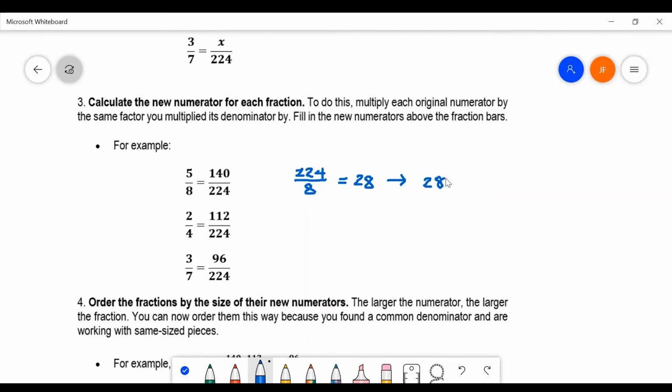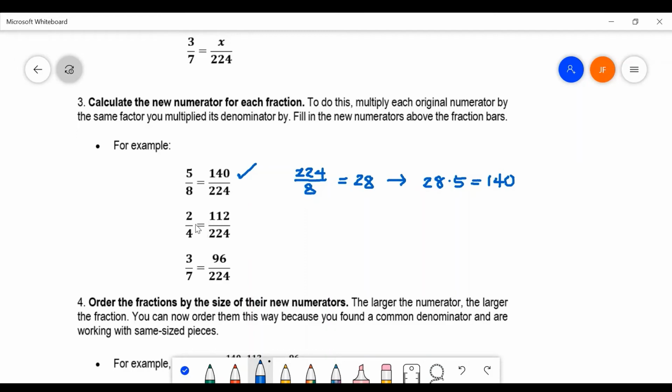So 28 times, okay, here we use the multiplication symbol that instead of x, 28 times 5 is equal to 140. That's how we get 140 here.